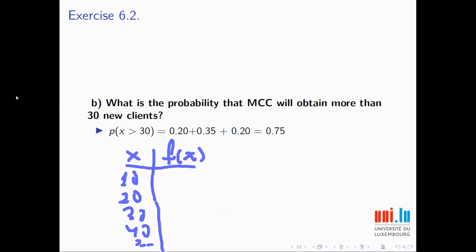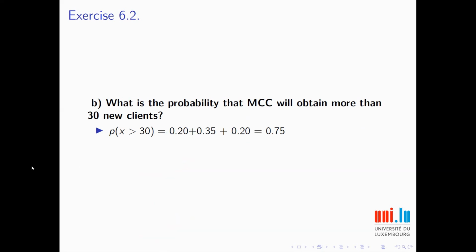And the probability that 40 new clients will come is 20%. The probability that 50 new clients will come is 35%, and 20% for 60 clients. We just sum it up and we get as a final result 75% that more than 30 new clients will come. So I think no questions here.